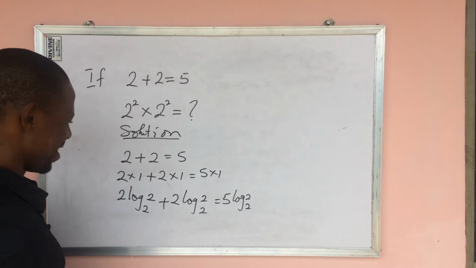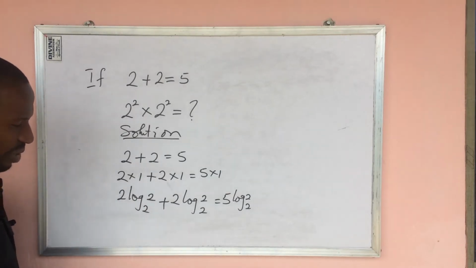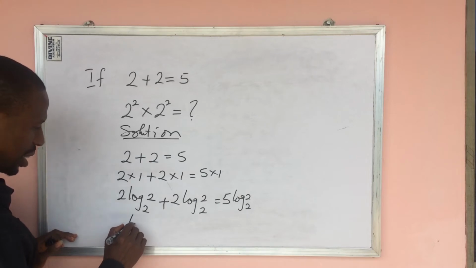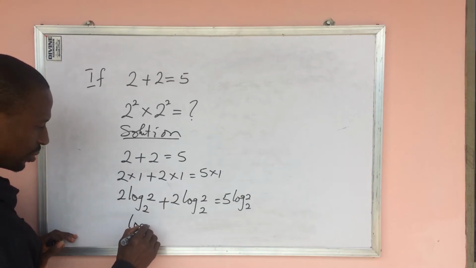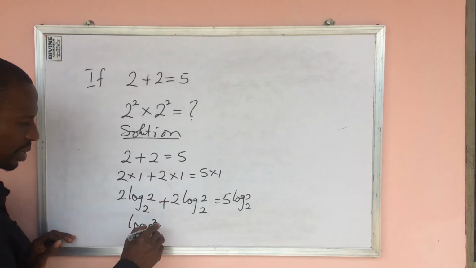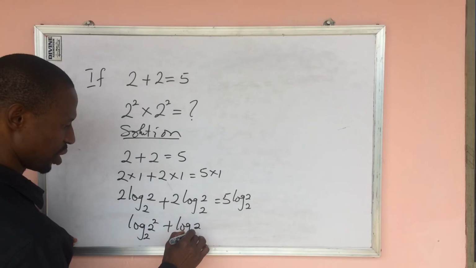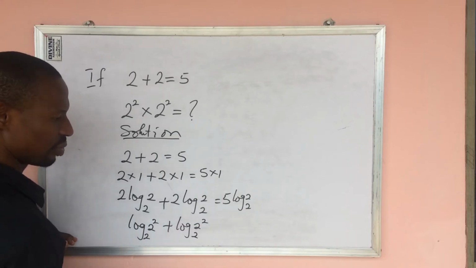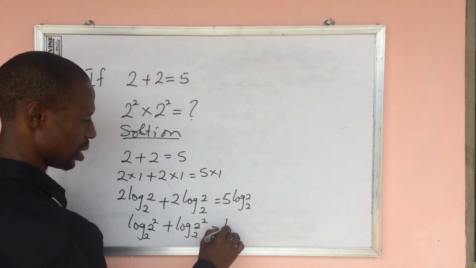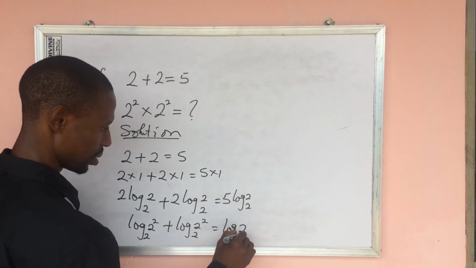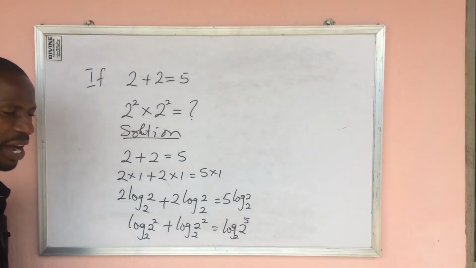Now, according to the law of logarithm, I can move this to the other side. This will now give me log 2 base 2 all to the power of 2, plus log 2 base 2 all to the power of 2 again, equal to log 2 base 2 all to the power of 5.